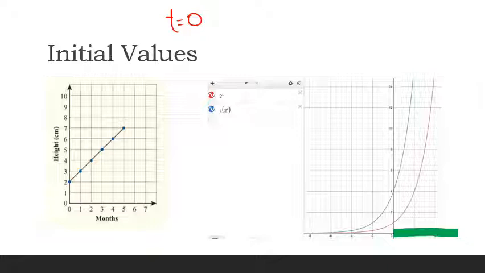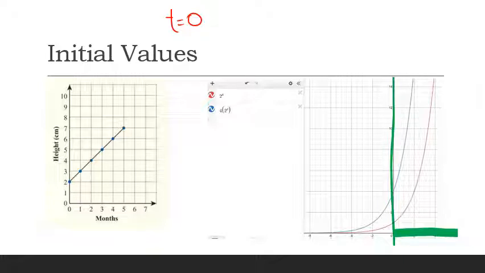Our starting point is t equals 0 or x equals 0, which means our starting point is the y-axis, which means that our y-intercept is going to be really, really important because our y-intercept gives us our initial value.